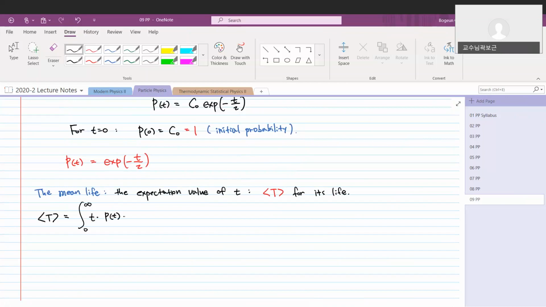Then during this time, during time dt, the particle is decaying with the ratio of 1 over tau. As we construct such an equation, a Poisson equation for the life time.